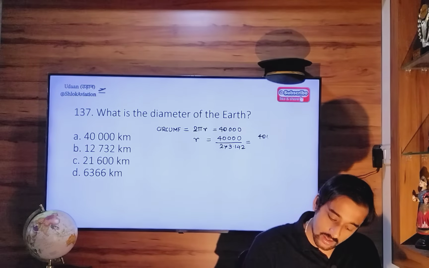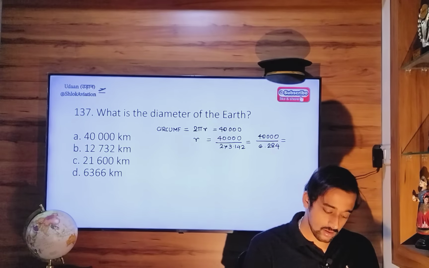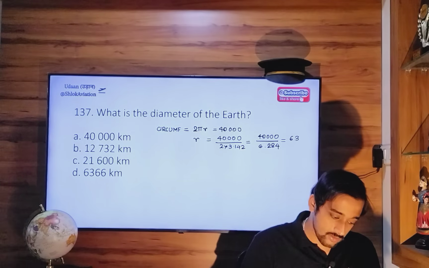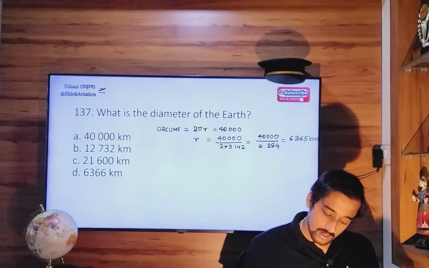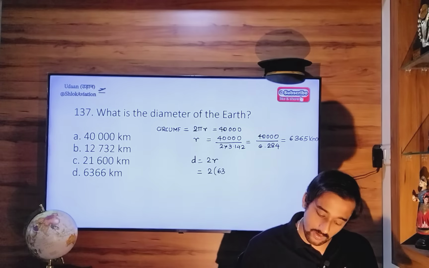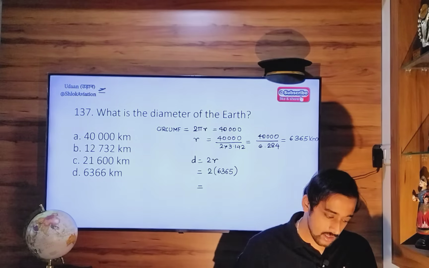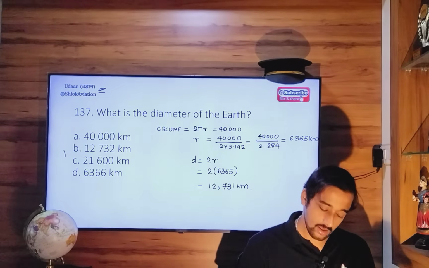So 40,000 divided by 6.284 is equal to 6365 kilometers. Radius is 6365 kilometers. Diameter will be twice the radius. So twice of 6365 is equal to 12,731 kilometers. So the correct option will be option Bravo.